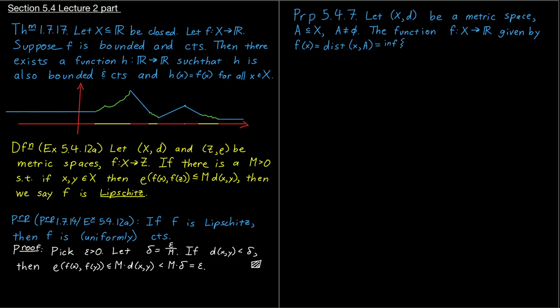It's the infimum of the distance from x to little a, where all the little a's are in our set A. And since I said A was a non-empty set, this infimum is going to be a non-negative real number.